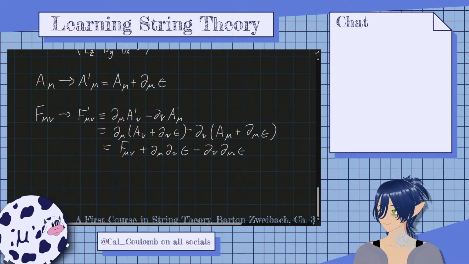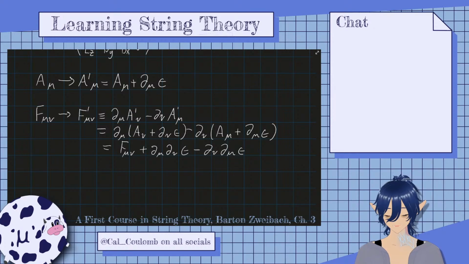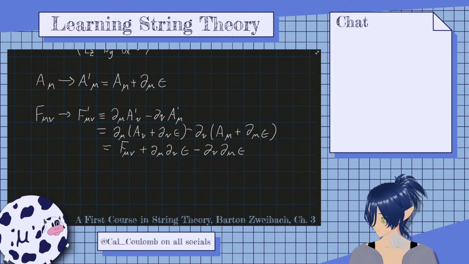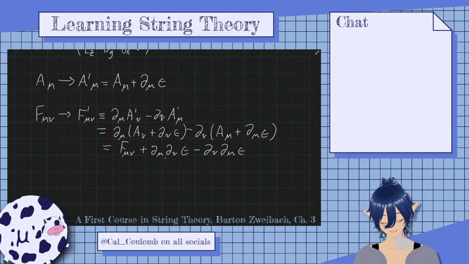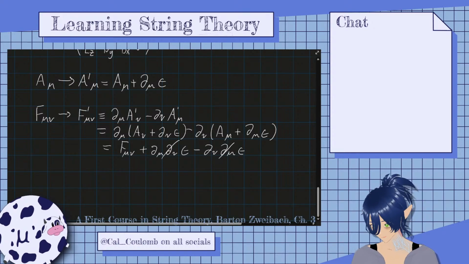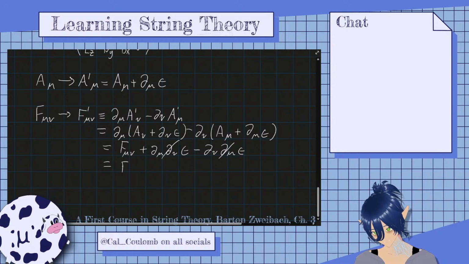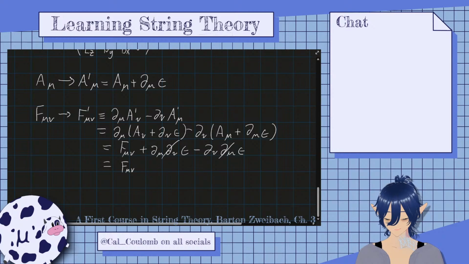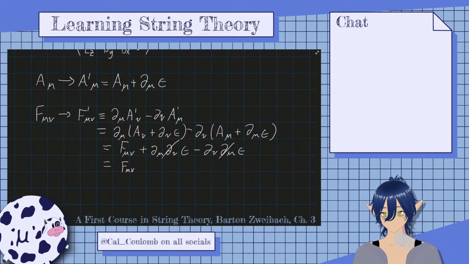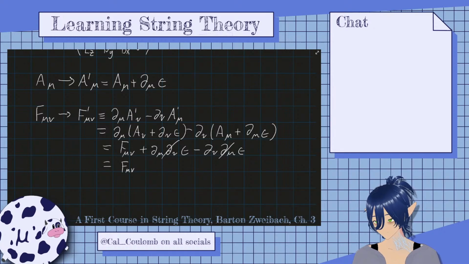And because we're dealing in flat space-time, nothing weird happening, we can just swap around these derivatives. Then these two things are going to cancel out, and we're just left with F mu nu. So the field strength tensor is invariant under these gauge transformations. In the last step, we noted that partial derivatives commute.